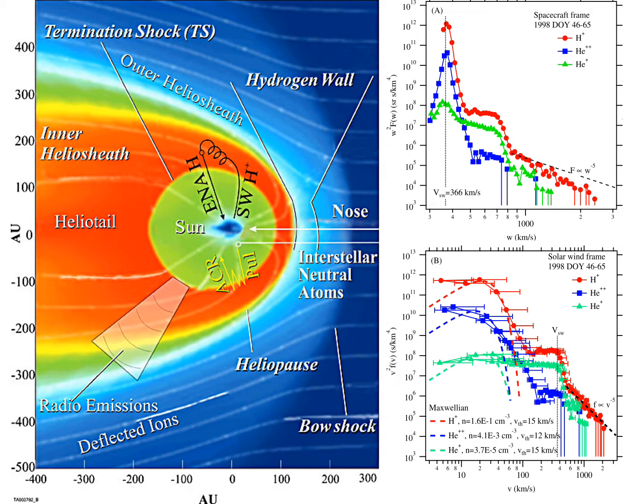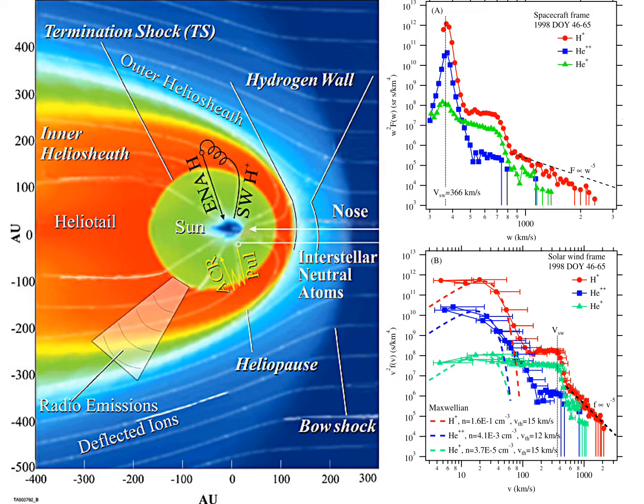They can pass through the heliospheric magnetic field close to the Sun, and when they charge exchange with the solar wind ions, they become pickup ions. The original speed of pickup ions in the solar wind reference frame is exactly the solar wind speed.